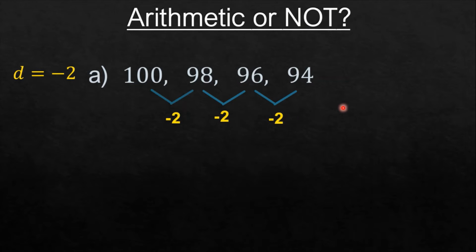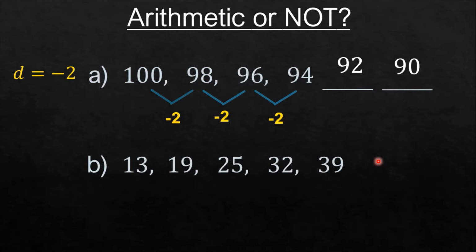So, kung ang common difference ay negative 2, what will be our next two terms? Ang gagawin natin is, we add negative 2 to 94. So, 94 plus negative 2 is 92. 92 plus negative 2 is 90. Next, 13, 19, 25, 32, 39.